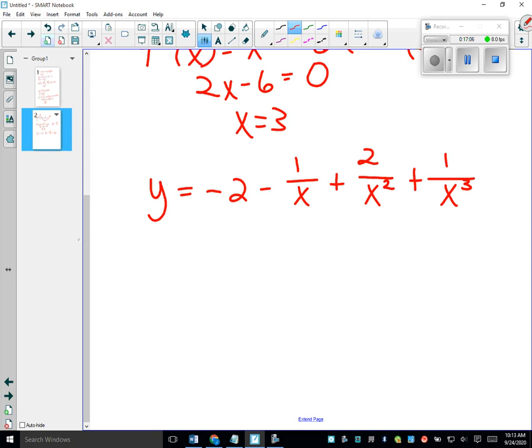We're going to find the equation of the tangent and normal line.